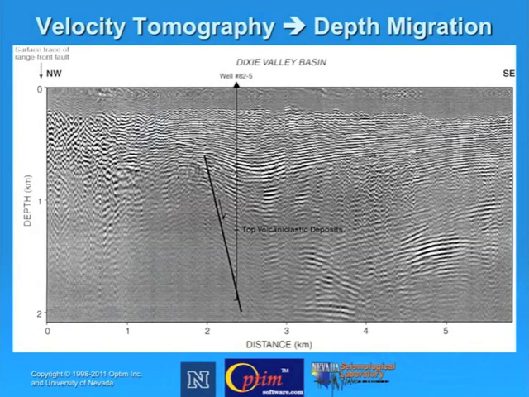Now taking this into the differential mode, and actually doing that pre-stack Kirchhoff depth migration, we can see the synform in the reflections now that we've got the velocities properly taken care of, and that's accurate now. And we can see there's no way that the range-front fault comes from the surface and gets down to the bottom of this well. What we're looking at is a buried, more ancient fault.